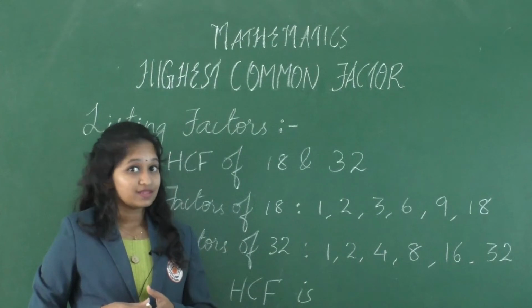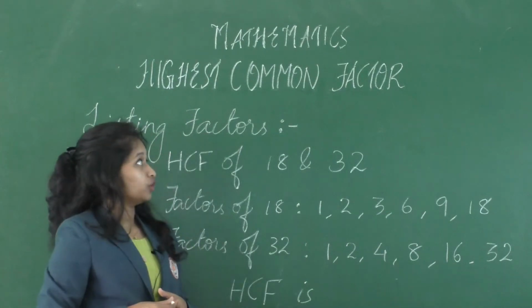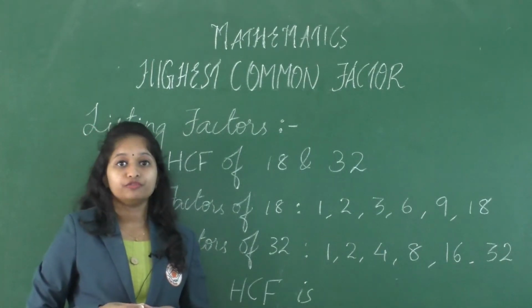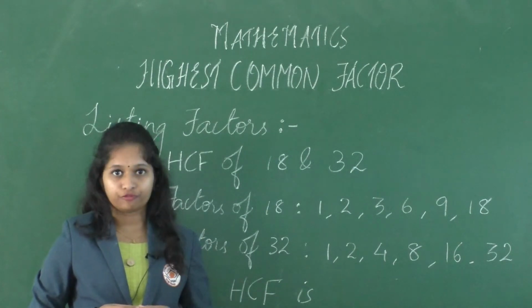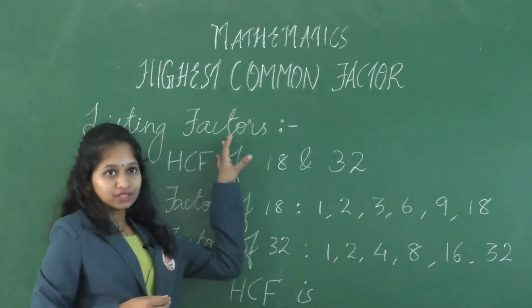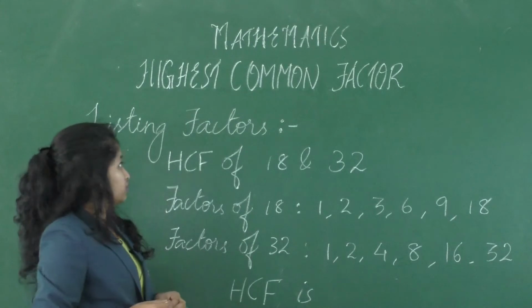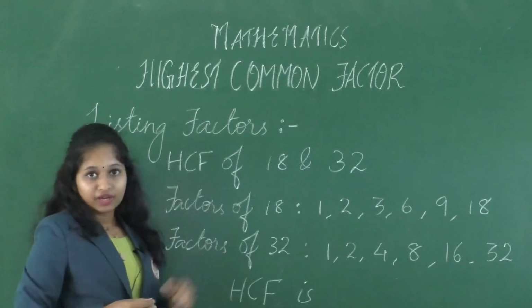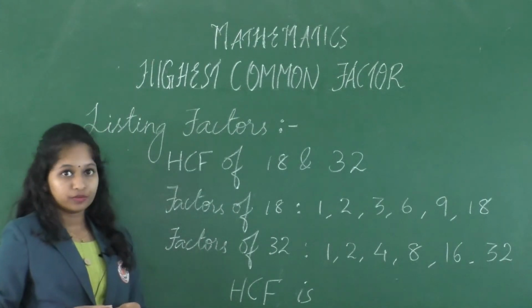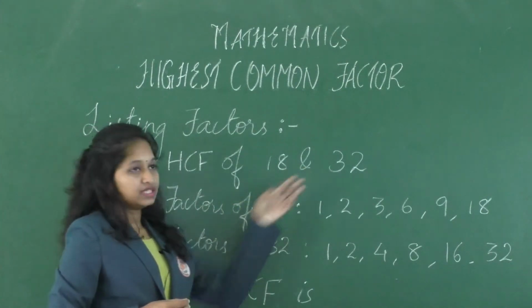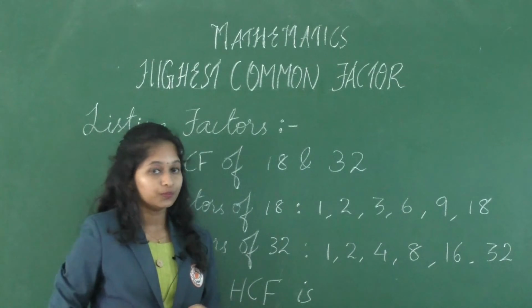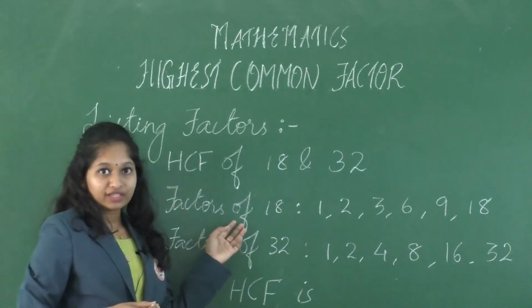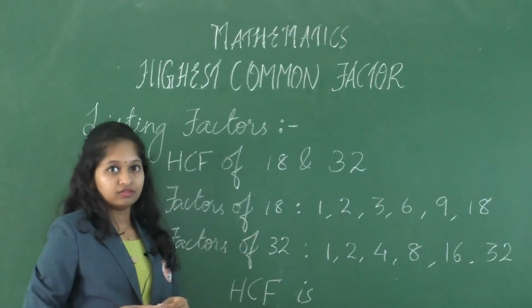Students, let us move on to the topic highest common factor, HCF. First method to find HCF is listing factors. To find the highest common factor of 18 and 32, what can we do? Find the factors of 18.